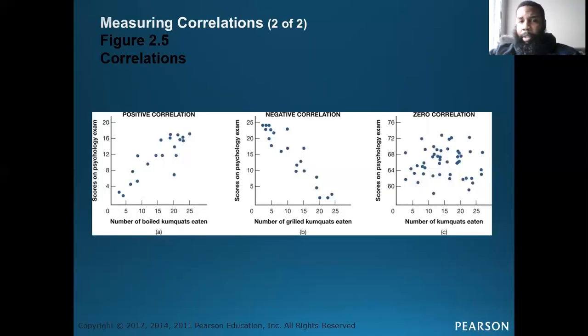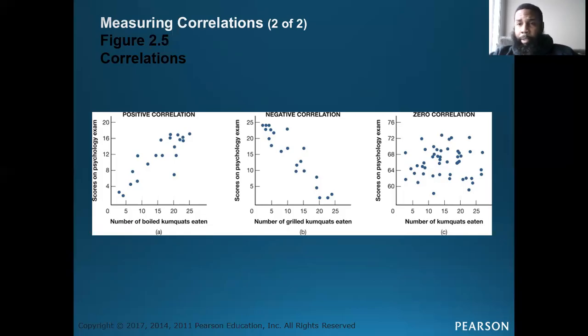So there's nothing here that says eating boiled kumquats, right, causes you to get a higher score on your psych exam. All this is saying is that there is some type of relationship between the number of boiled kumquats that you're eating and the scores that you get on your psych exam.